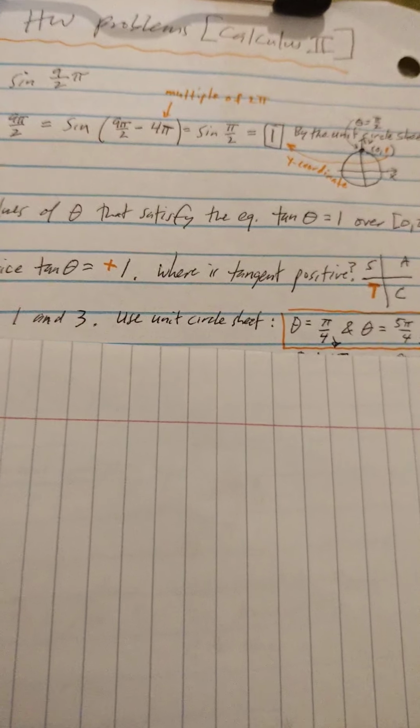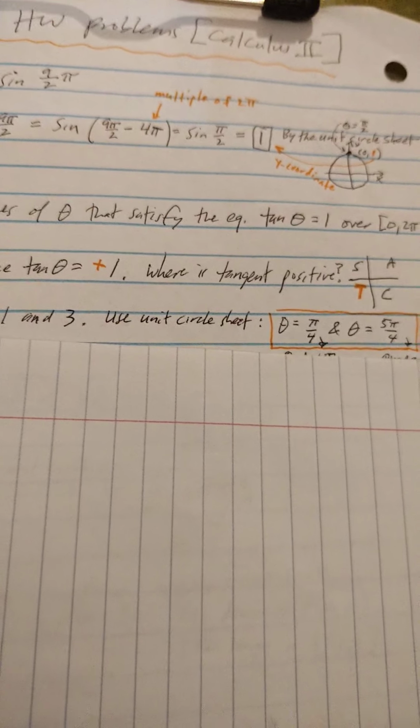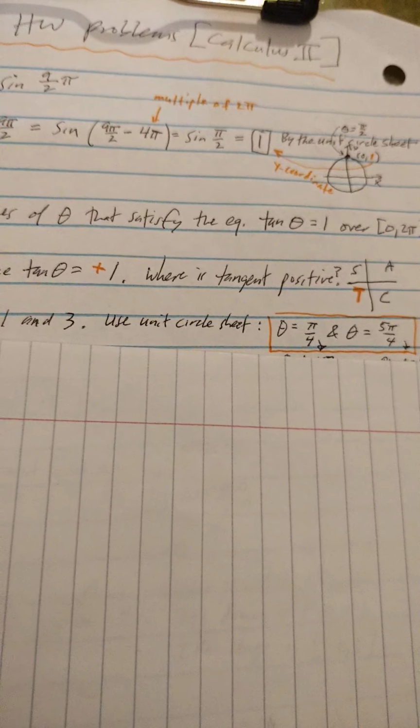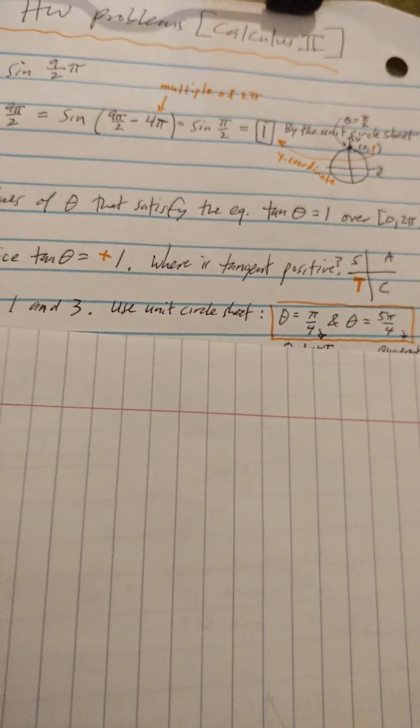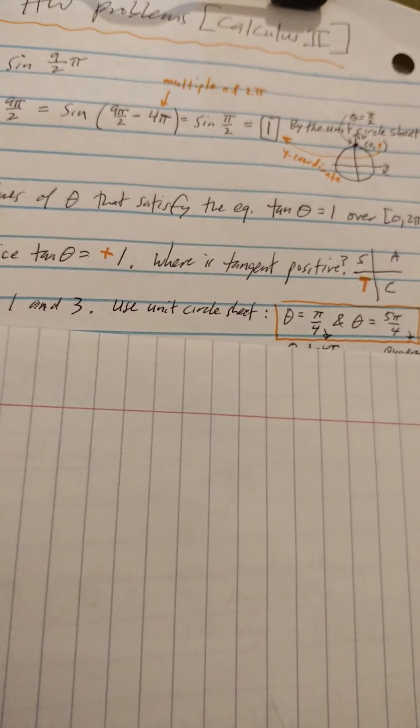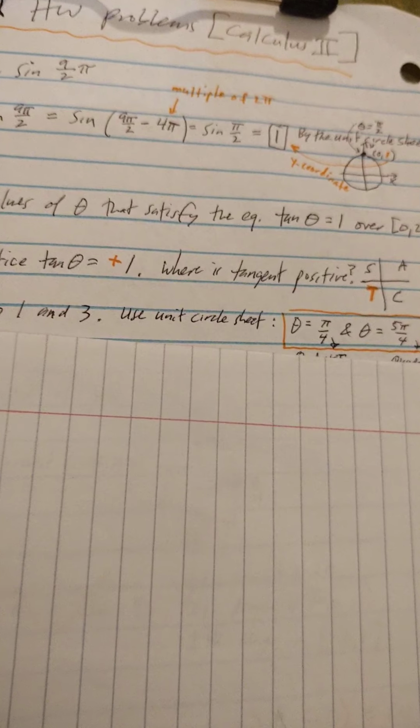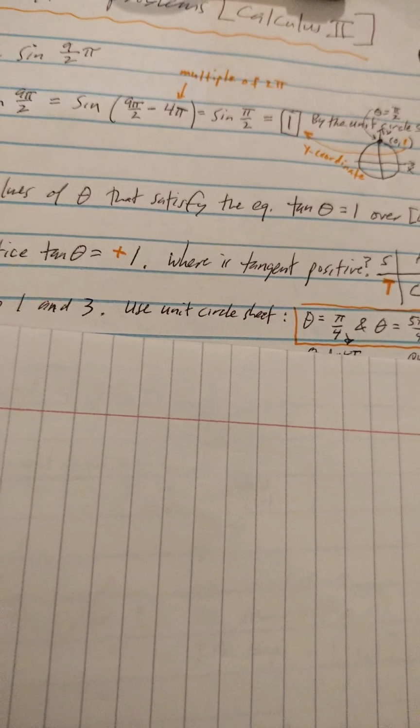Okay, so here we go. Quadrants 1 and 3, tangent of theta is positive. So use that unit circle sheet, and you'll notice when theta is pi over 4, which is the same thing as 45 degrees, x and y are both equal.